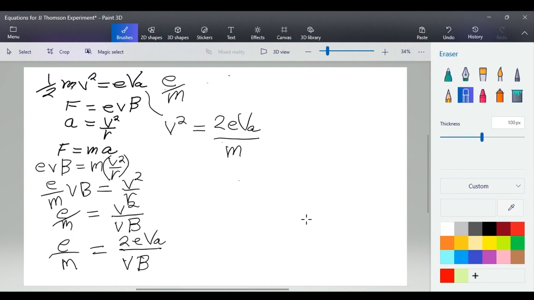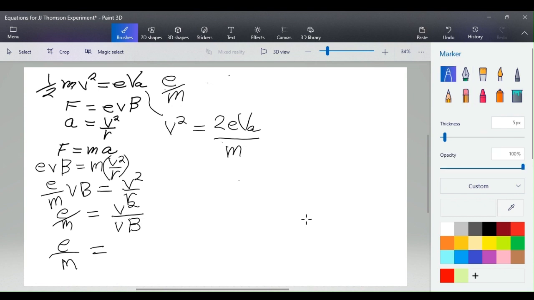Let me come back down here and don't go so fast. Okay, let me get my marker going again. So I'm going to cancel the V out, so that'll be V over B. You buy that?